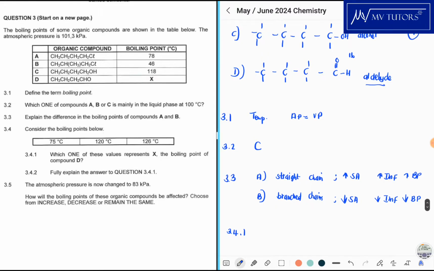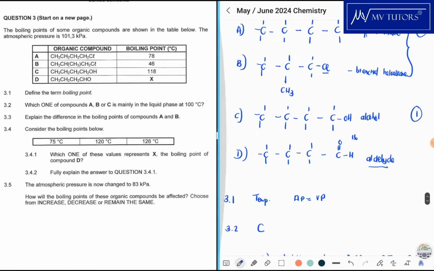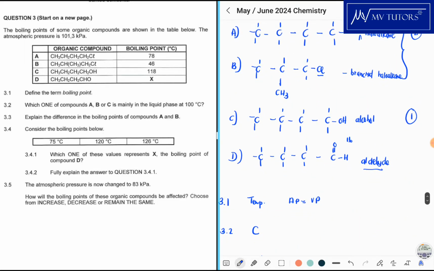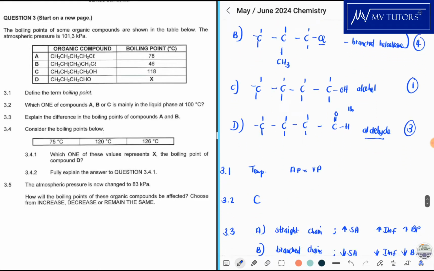So we can't have 120 and 126. So the aldehyde has to be 75 degrees. Getting back to our ranking, if A is 78 and D is 75, that will be number 3. Then the branched one, because of it being branched, is the lowest in terms of boiling point.